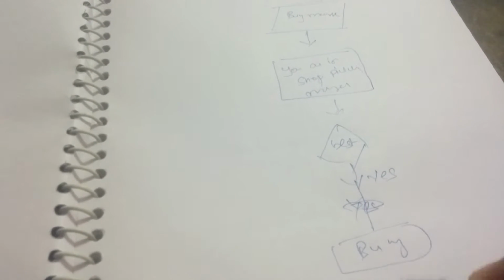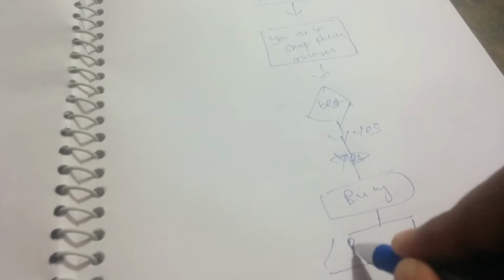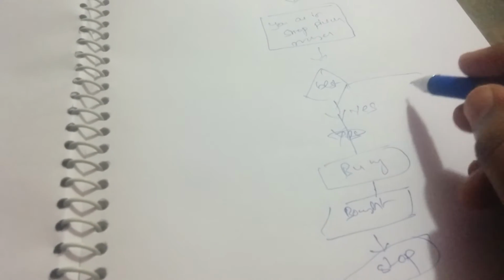Best, yes, then buy. Next output: bought, stop. Here, if the mangoes are not good, you come to the stop directly from here to here.